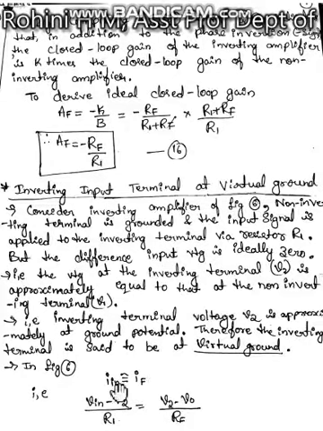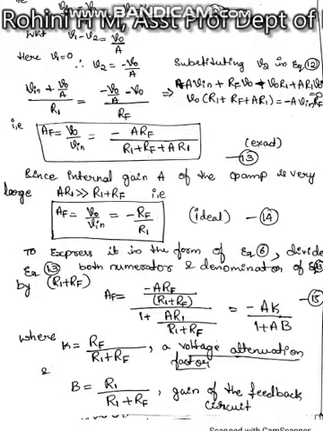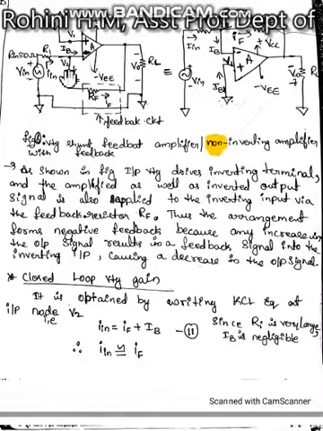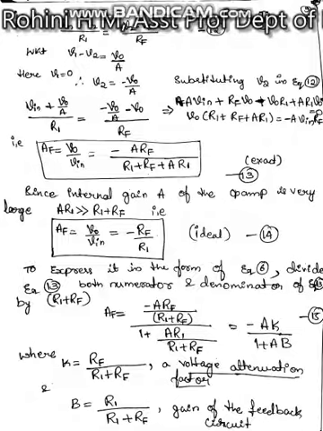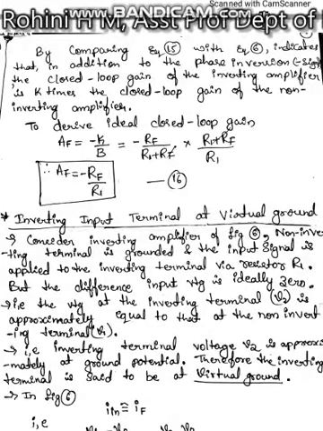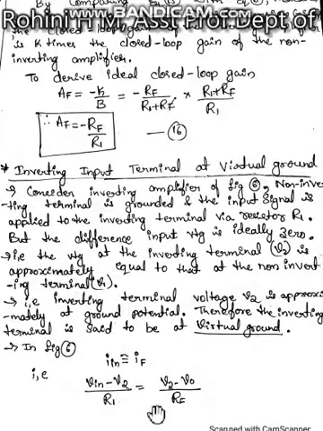So we can write what I in is. Looking at the circuit, I in is nothing but V in minus V2 divided by R1, and IF is nothing but V2 minus V out divided by RF. Substituting in the expression, we can write this expression from that circuit diagram.